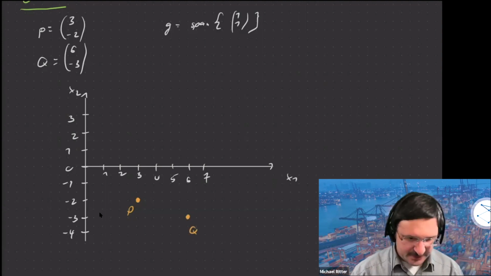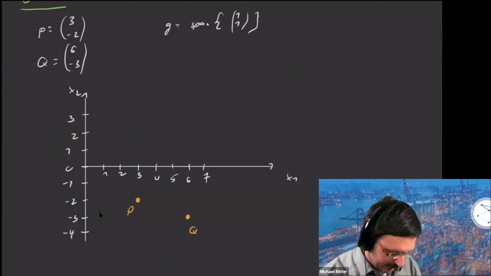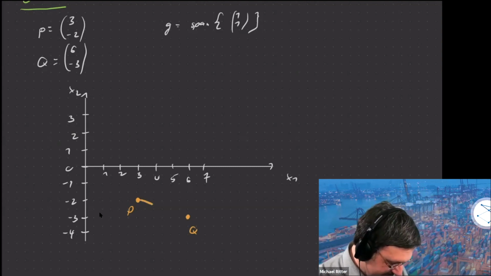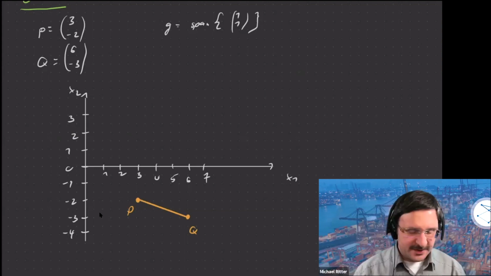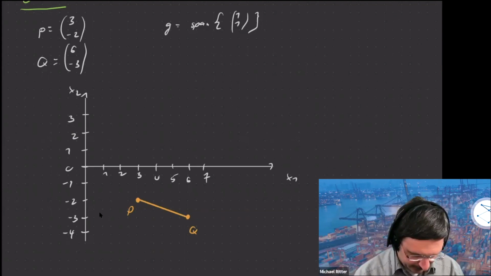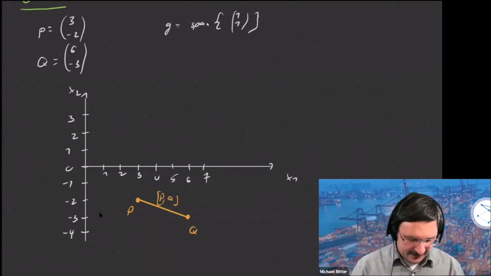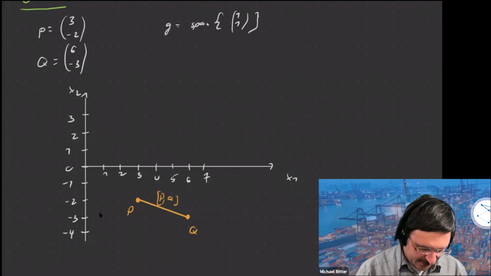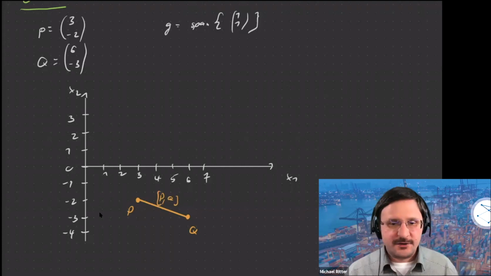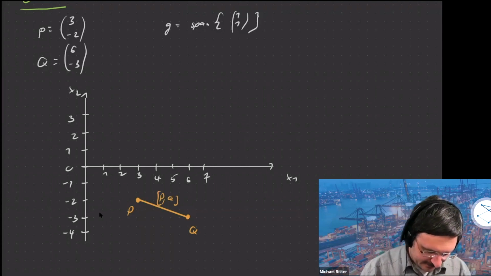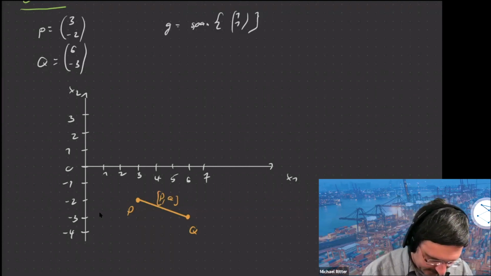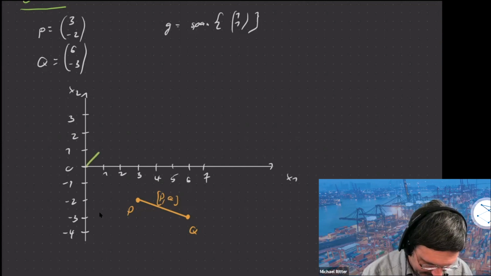And then the question is basically about the line segment. So we have to connect P and Q. So that's this line segment PQ. And the problem statement is asking for the projection onto the line spanned by the vector (1, 1). So this vector (1, 1) is here.